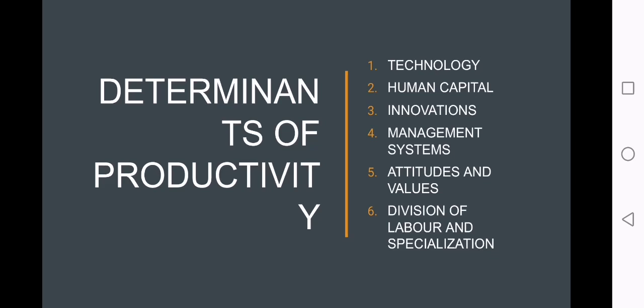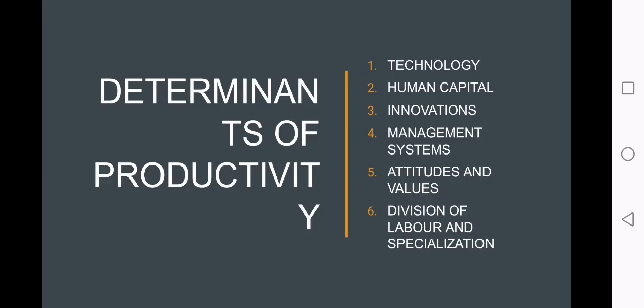Innovations can cause productivity to increase. A good management system makes productivity higher. Good attitudes and values will increase productivity. Division of labor and specialization, I told you it has two sides. It could increase productivity, but due to its demerits, it might cause a reduction of productivity.